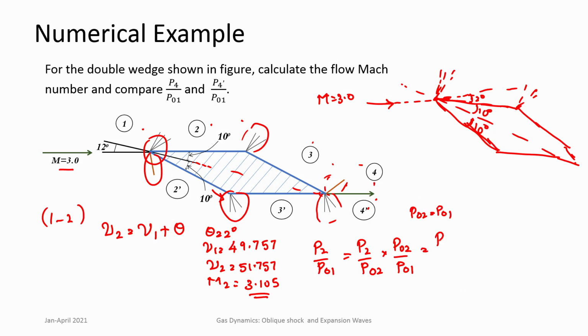I can write this as P2 by P naught 1, and I know the Mach number, which is 3.105, and for this Mach number I can get P2 by P naught 1 from the charts: 0.232.